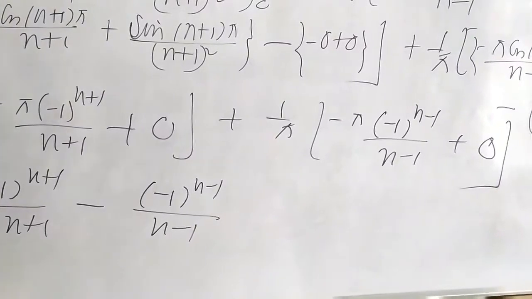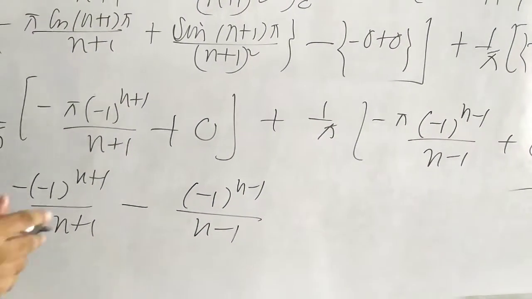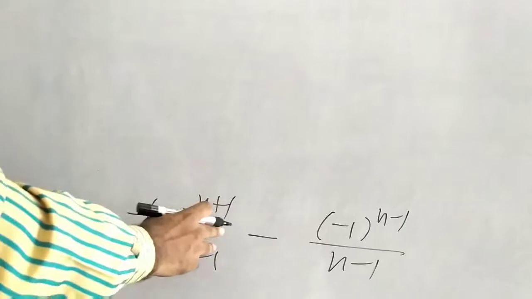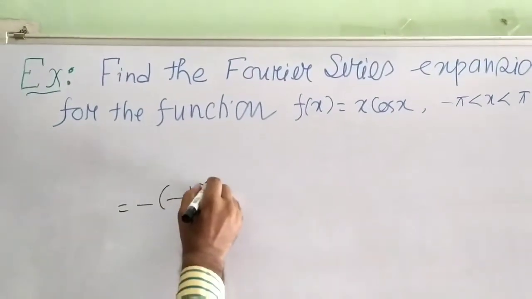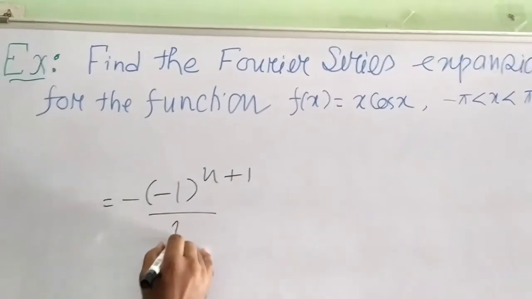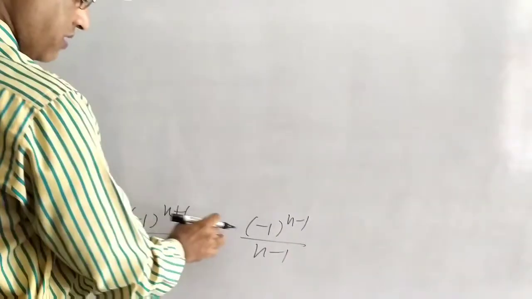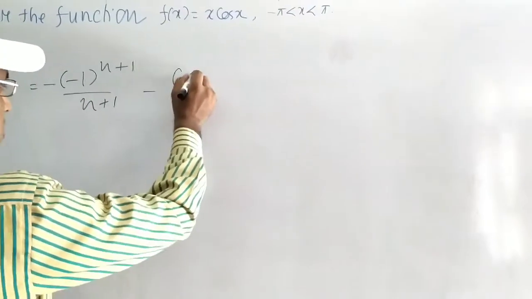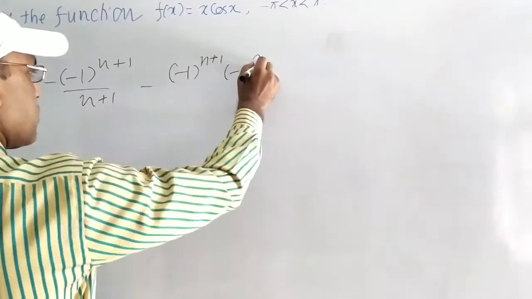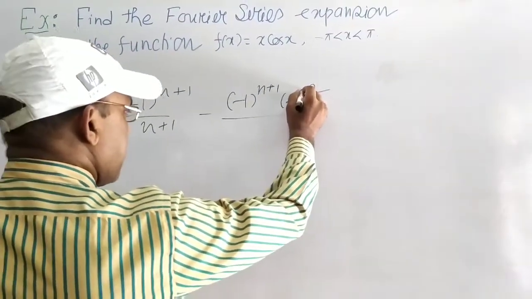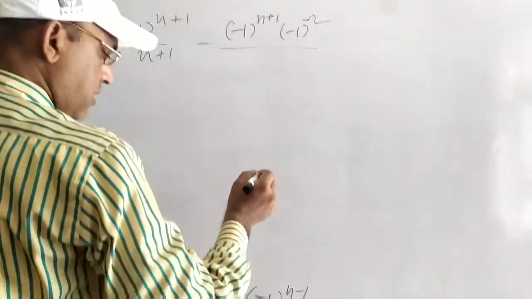We get this one. Now minus 1 to the power n plus 1 by n plus 1, and here also you have to write n plus 1 power, and this is minus 1 to the power 2, this is minus 1 to the power minus 2.